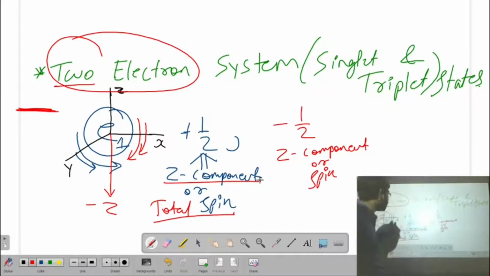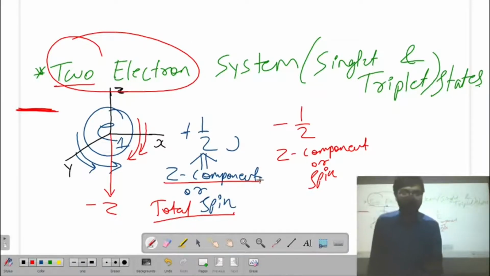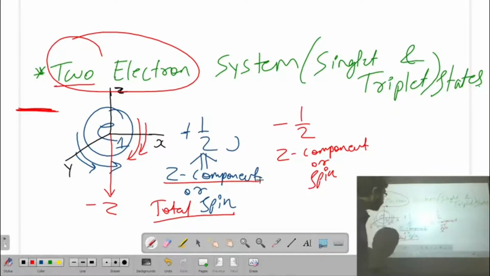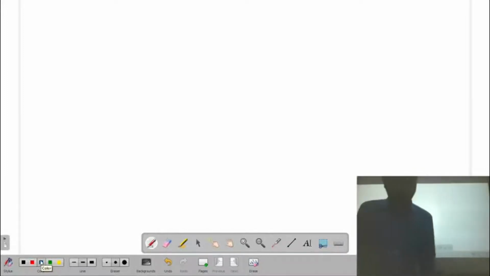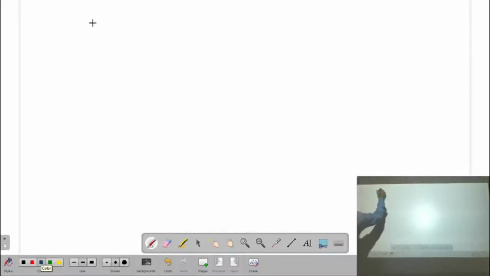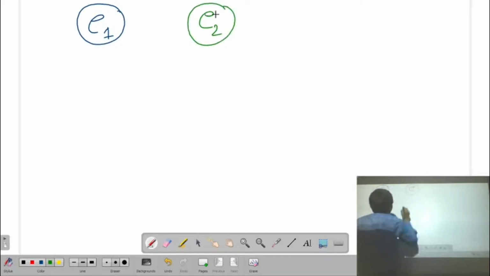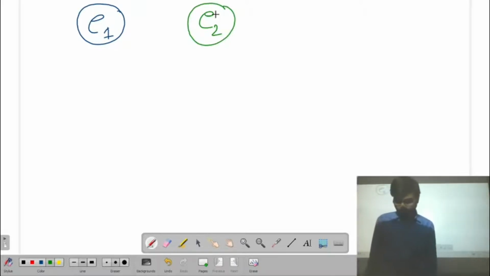Now let us assume that we have two electrons, electron 1 and electron 2, right?